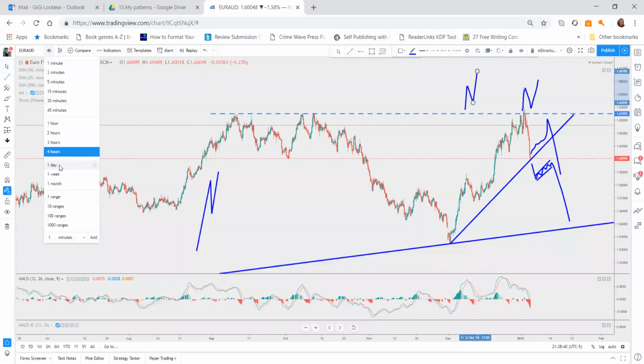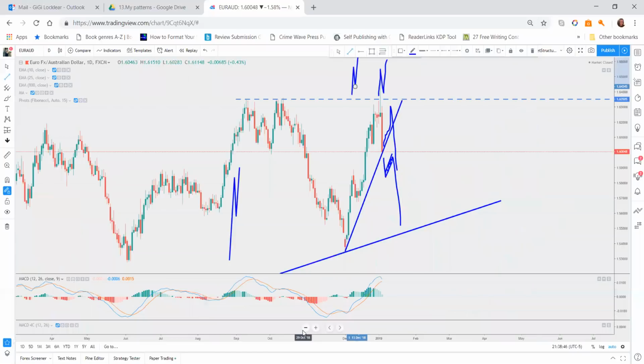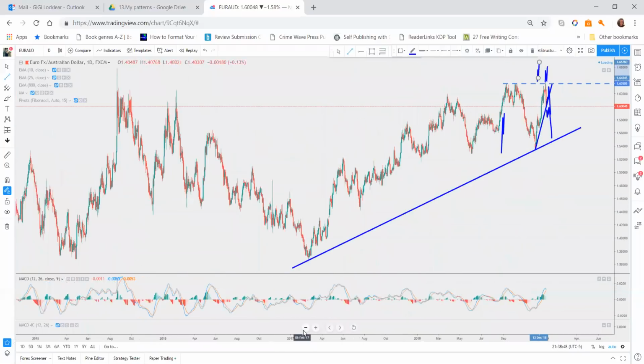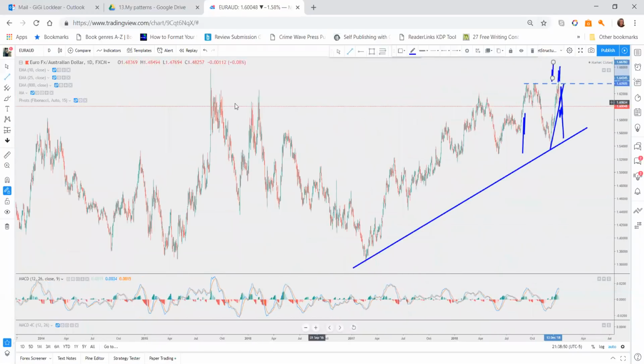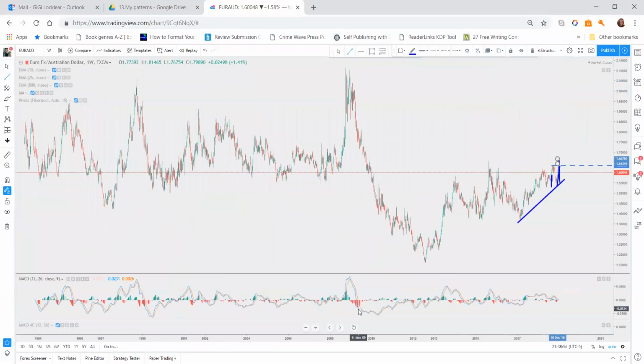Then we would go to our higher time frame and look for the last time it was in that area, and even look here, it faked out there. So even on the daily looking left, we can't see a previous high. So then we would have to come all the way to our weekly to look for a previous area.